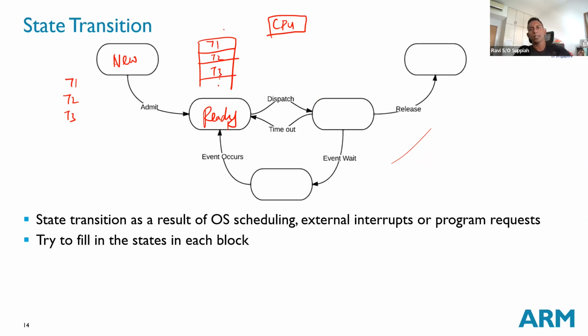When I have tasks that are in the ready queue, what does ready mean? When a task is ready, it means that it has all the resources it needs to actually execute. It is ready and waiting for its turn. And who is going to decide? That is where another important element in the OS kernel comes in, which is called the scheduler. Within the OS, we have this sort of manager which we call the scheduler.